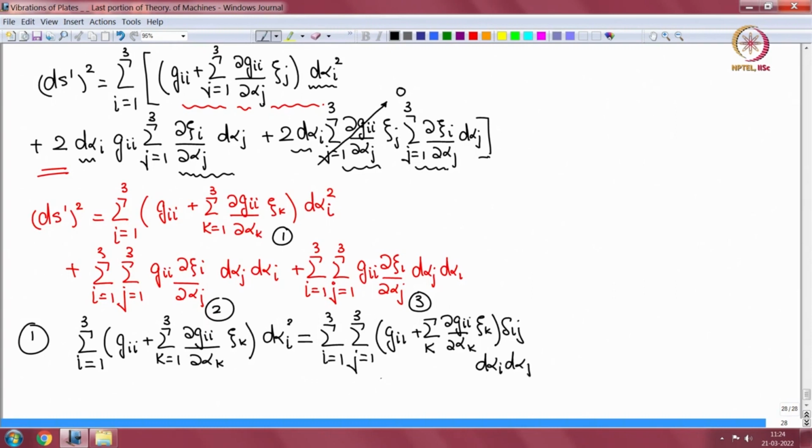Okay, so delta ij is 0 when I is not equal to j. This is a Kronecker delta. Or delta ij is equal to 1 when I is equal to j. You have seen this Kronecker delta before. So this term is written as a double sum using a Kronecker delta.